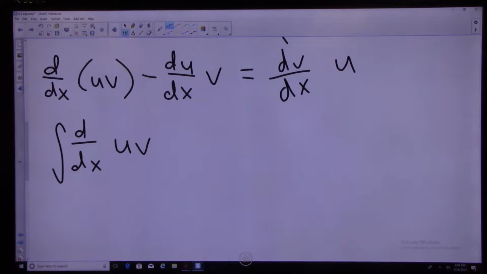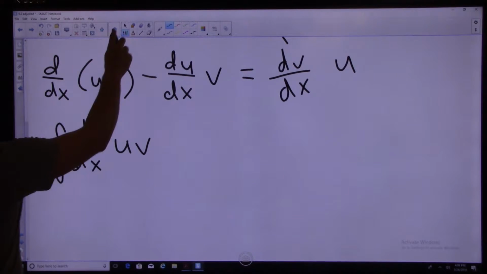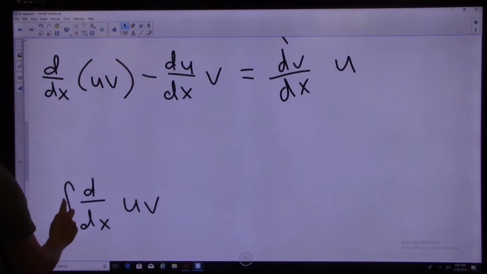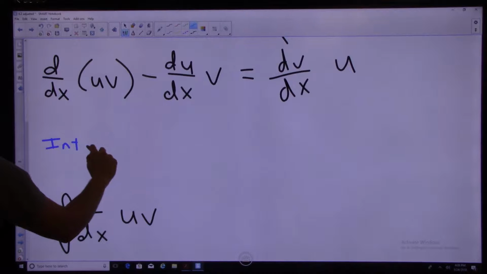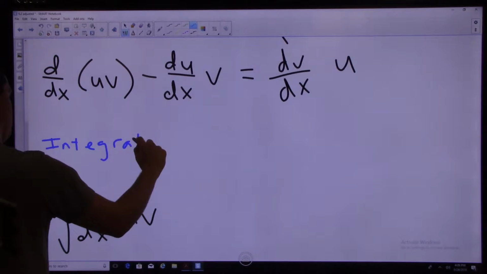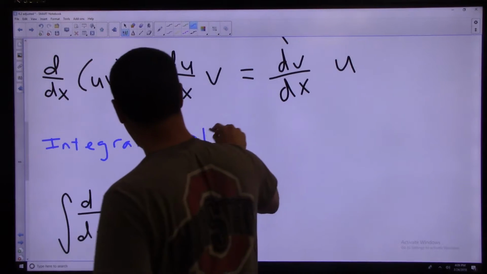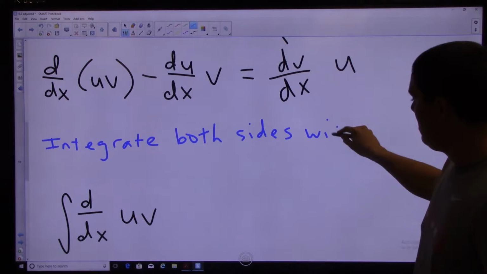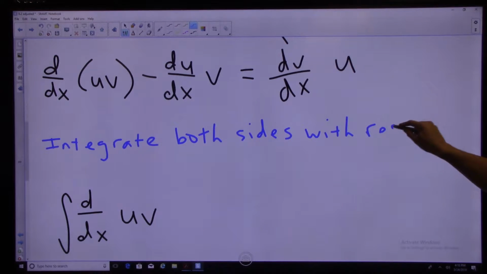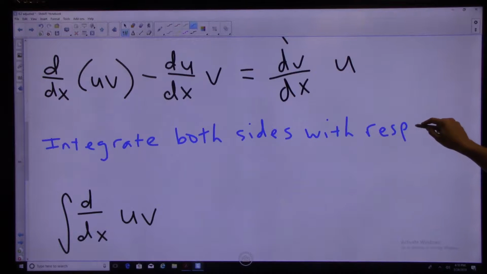Whenever we do this, guys, let's write down what we're doing first, just so you have this in your notes. We're going to integrate both sides with respect to x.